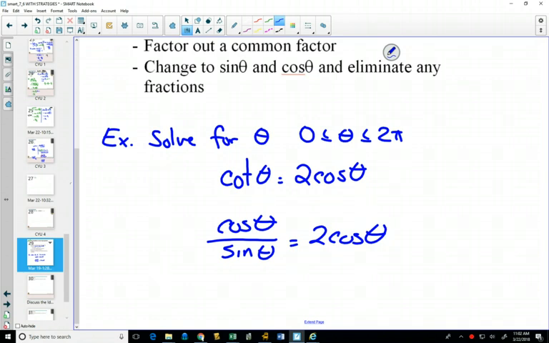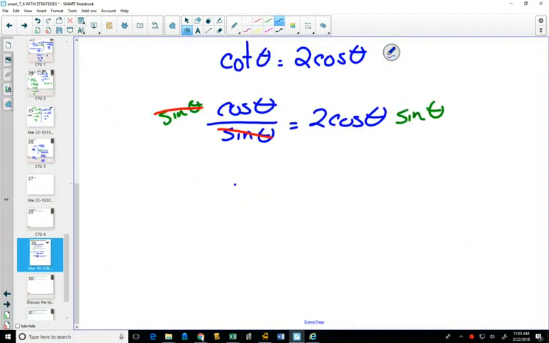To get rid of that fraction, I would multiply both sides by sine theta. These sine thetas would simplify and my equation would become cos theta equals 2 cos theta sine theta.